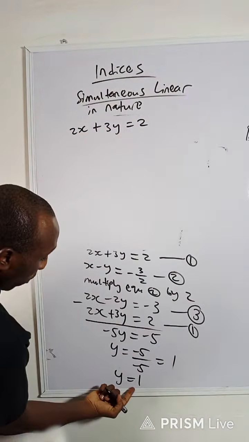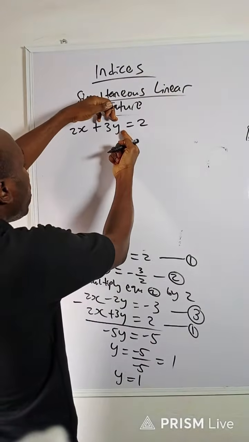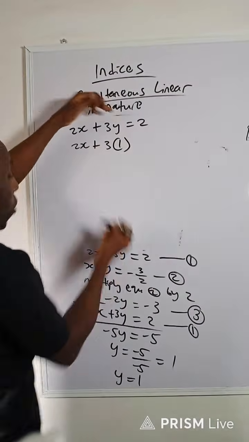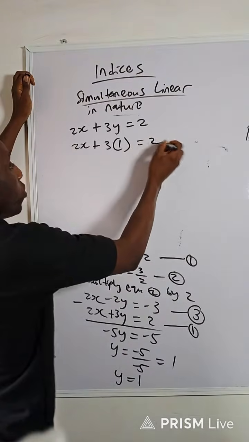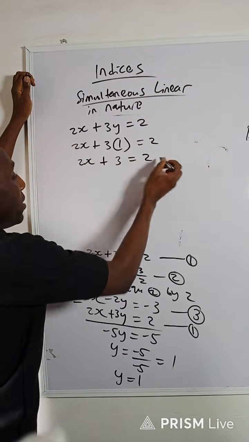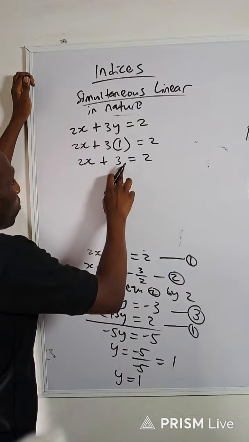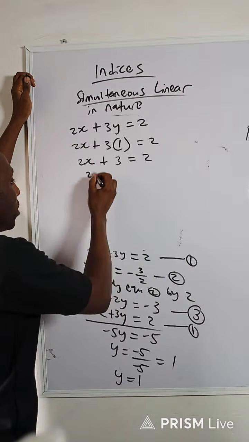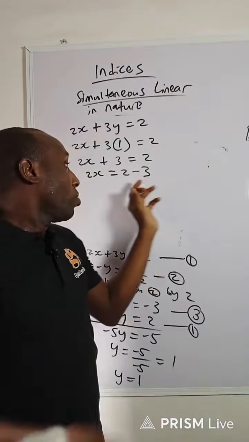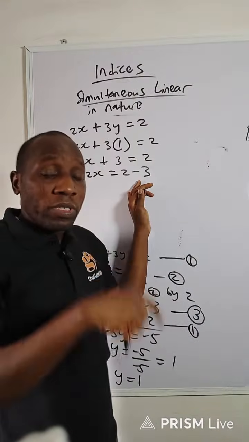Equation 1. We know that y is 1. So substitute the value of y here. So you have 2x plus 3 times 1, y is 1, remember, is equal to 2. So 2x plus 3 is equal to 2. So move plus 3 to the right hand side. You are going to have 2 minus 3. If you move plus 3 over to the other side, you change the sign from plus 3 to minus 3.